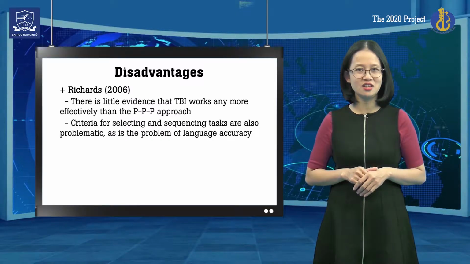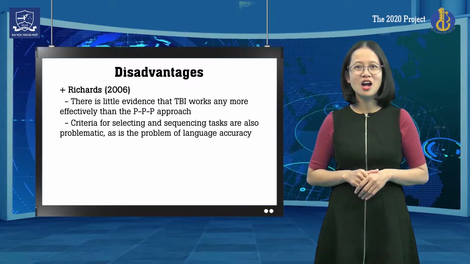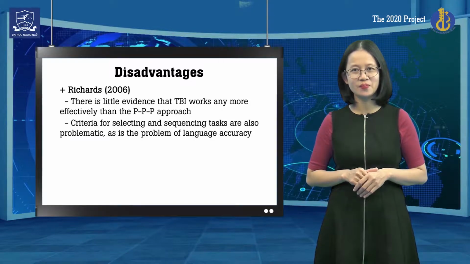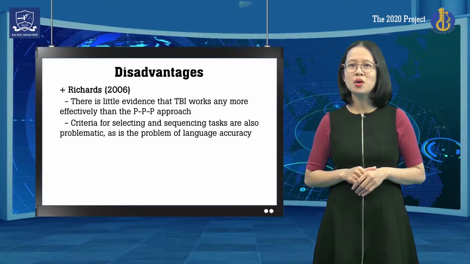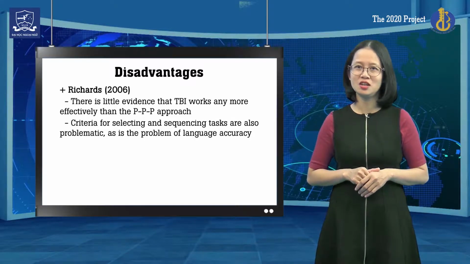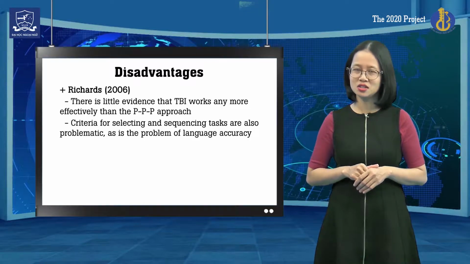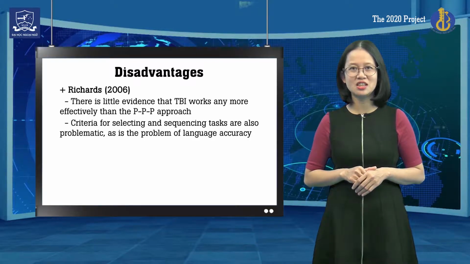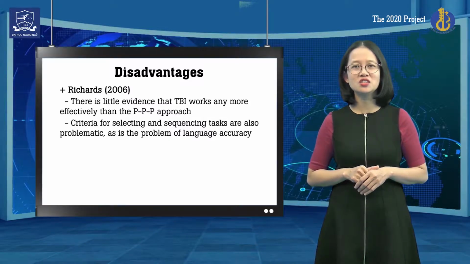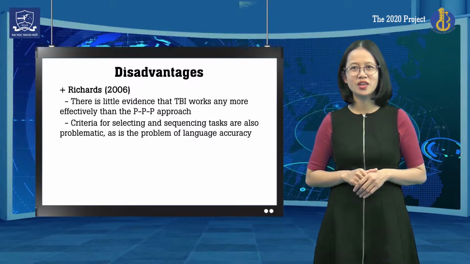Criteria for selecting and sequencing tasks are also problematic, as is the problem of language accuracy. Task work may well serve to develop fluency at the expense of accuracy, as with some of the other activities suggested within a CLT framework.